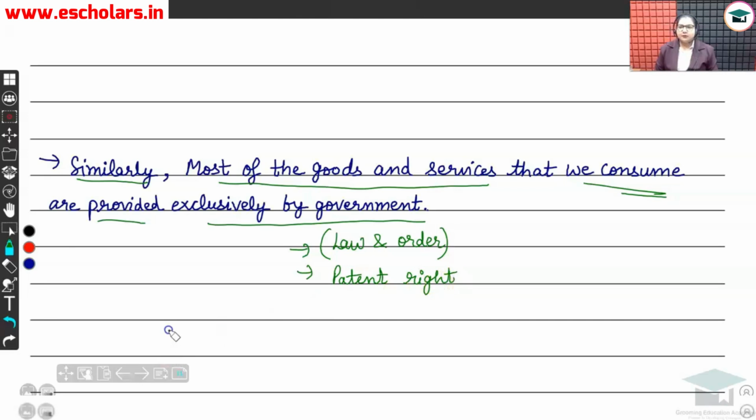The government protects our intellectual assets by providing the patent right, which is provided exclusively by the government. The private sector doesn't provide the patent right, right? And law and order, etc. So similarly, most of the goods and services that we consume are provided exclusively by the government.